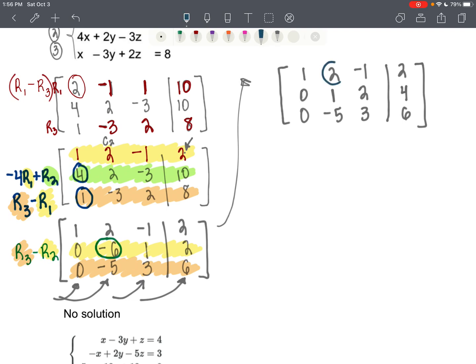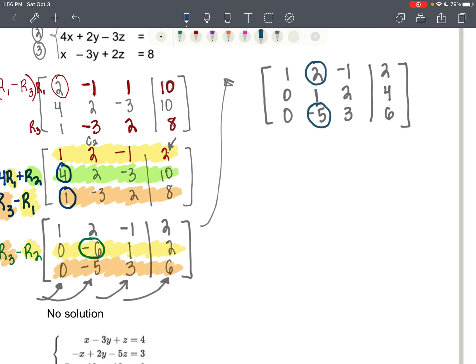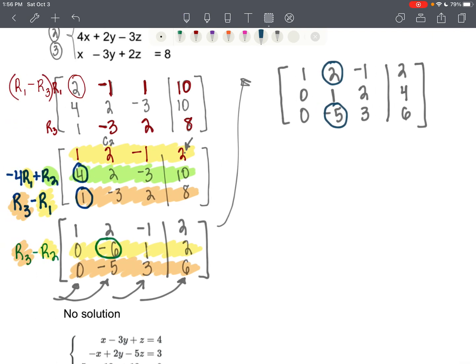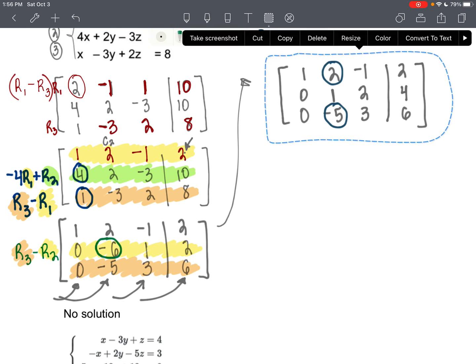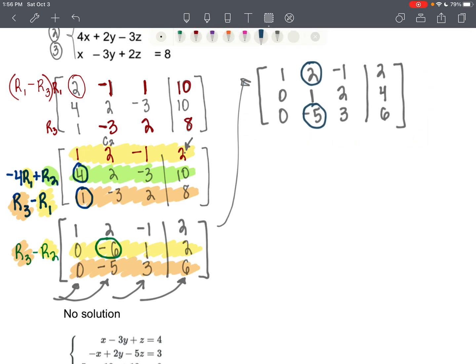Now we need to get these two values to be zeros. I'm going to need a little bit more room here, so I'm going to just move that over. And that's supposed to be an arrow. There we go.